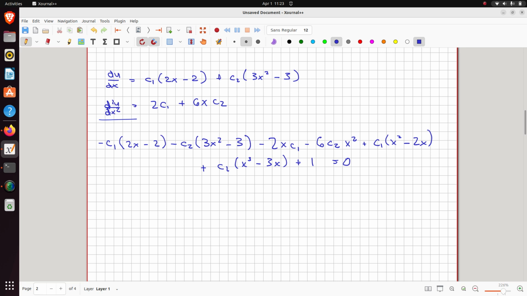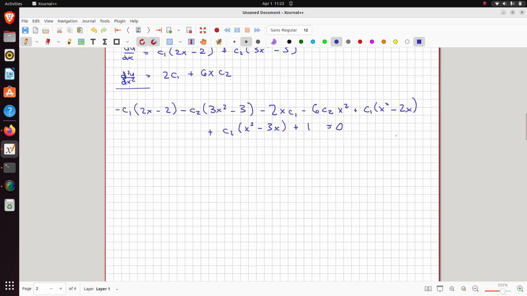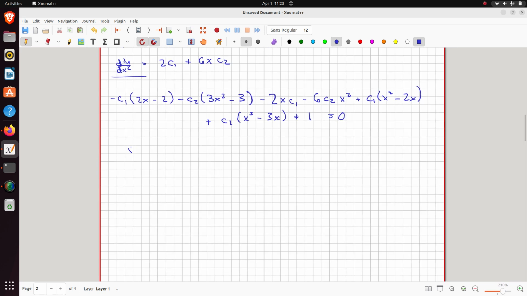And so the only way that could be true is if we gather all this, basically if all the coefficients of the powers of x are equal to 0. So if we gather up the coefficients of the powers of x, we end up with, so we can simplify that to be minus 9 C2 plus C1 equal to 0.